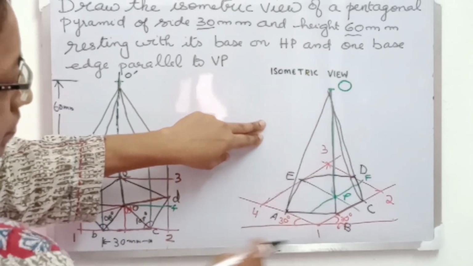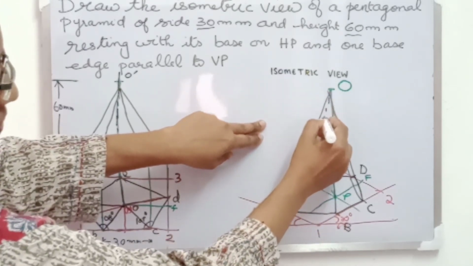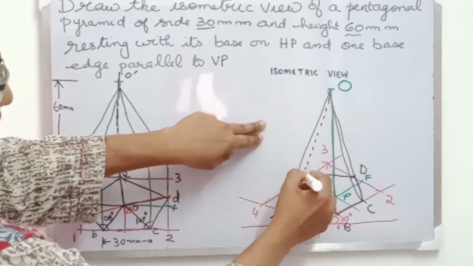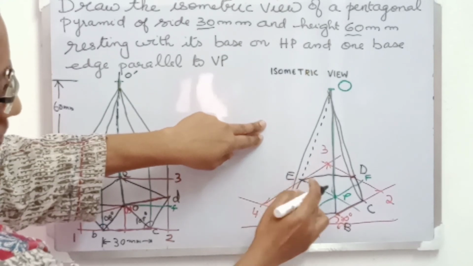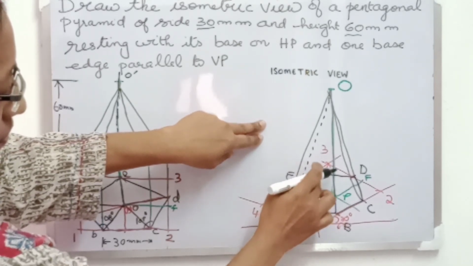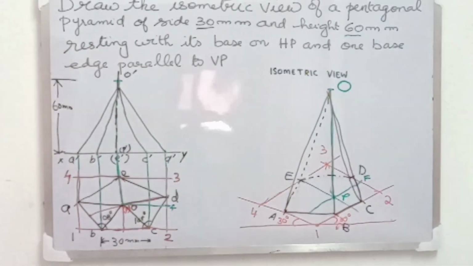Since the corner E is hidden by the triangle AOB, let us draw the edge EO using dashed lines, and any edges from the point E will be hidden. So let us change ED and EA into dashed lines. This completes the isometric view of the pentagonal pyramid.